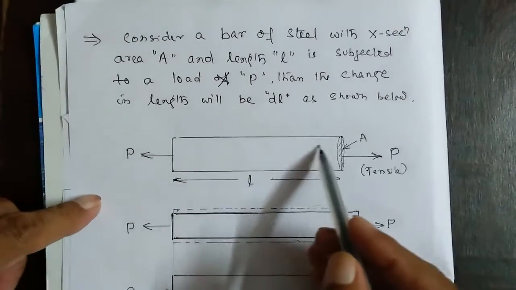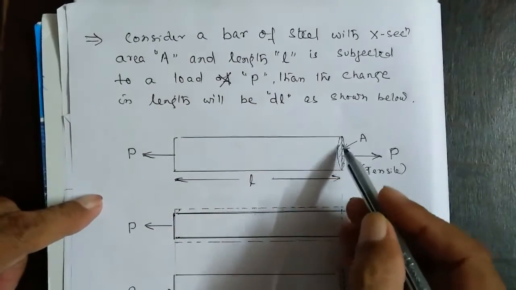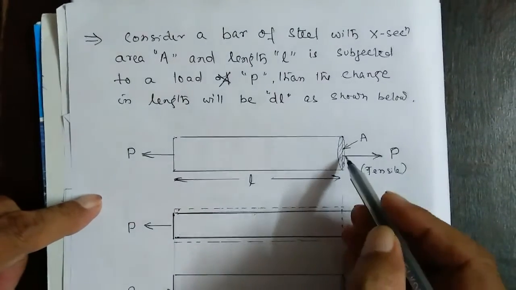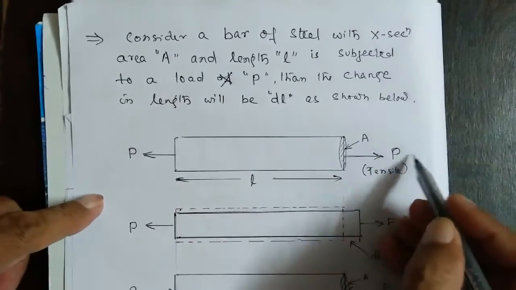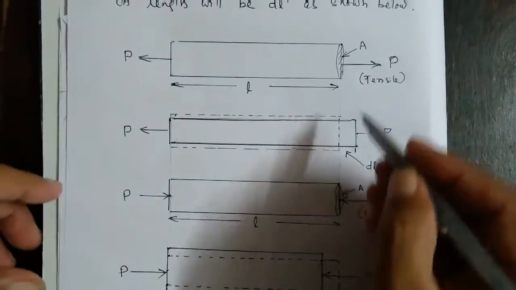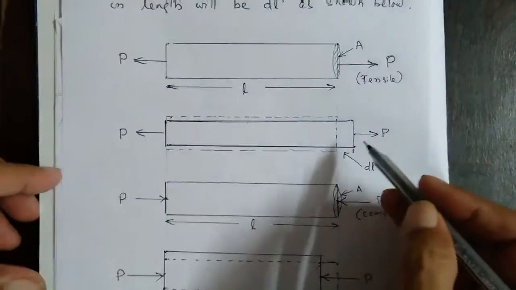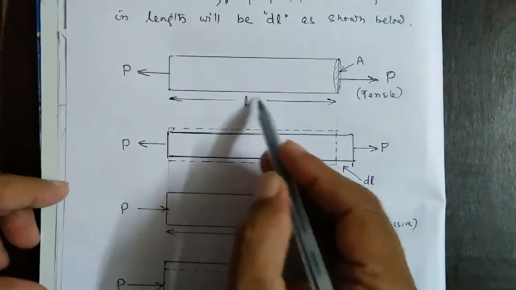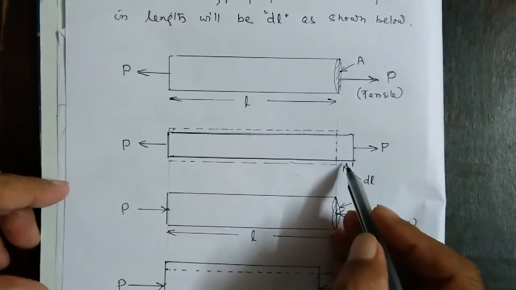See, if this is the steel bar whose area of cross-section is A, whose length is L, and it is subjected to a load P, which can be tensile or compressive. This is tensile load, this is compressive load. If the load is tensile, then the length increases by dl.